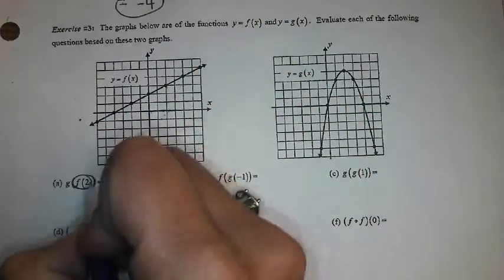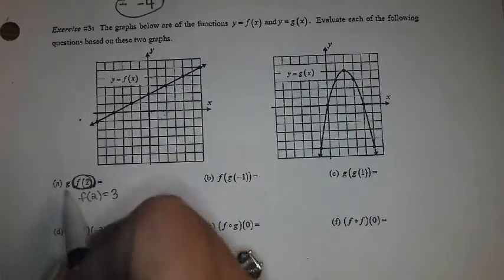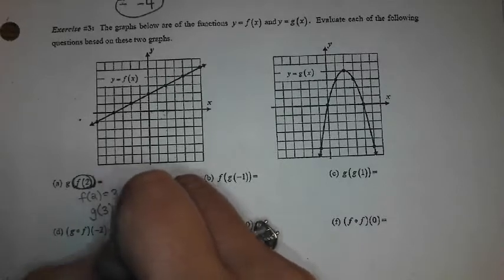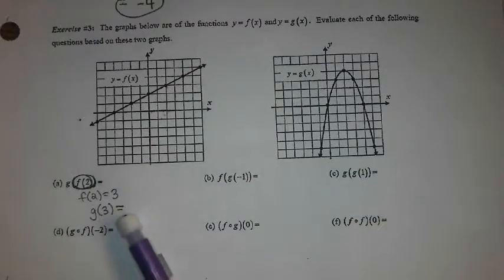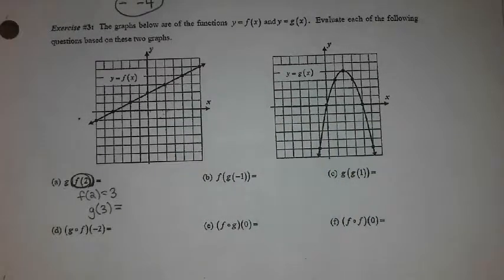That's that point. So if f of 2 equals 3, now I'm doing g of 3. So take that over to the g graph and take a minute to think about what g of 3 is.